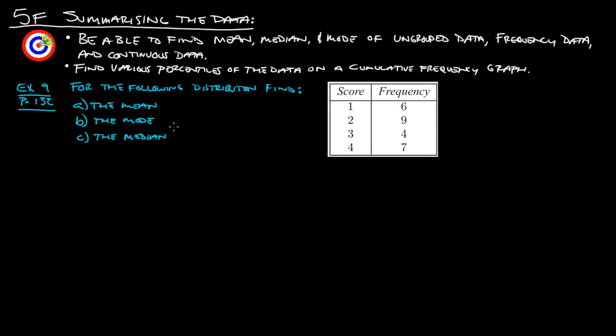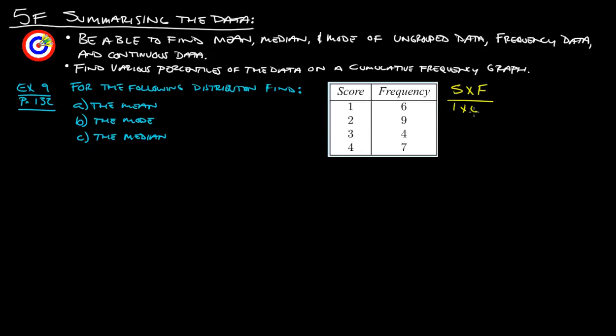Okay? So the mean, again, I think it's probably going to be easiest if we just do what they did for us before, and that's going to be to multiply these out, right? So they called it the f times x, or the score times the frequency. So let's do score times frequency.